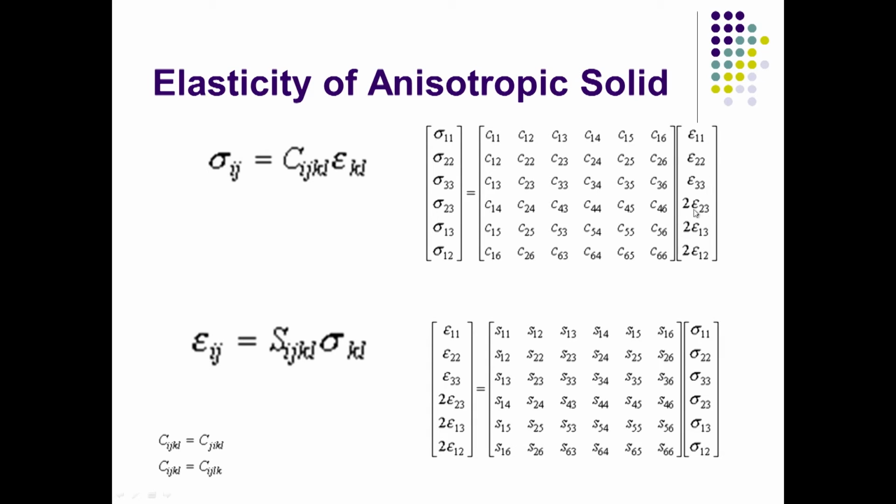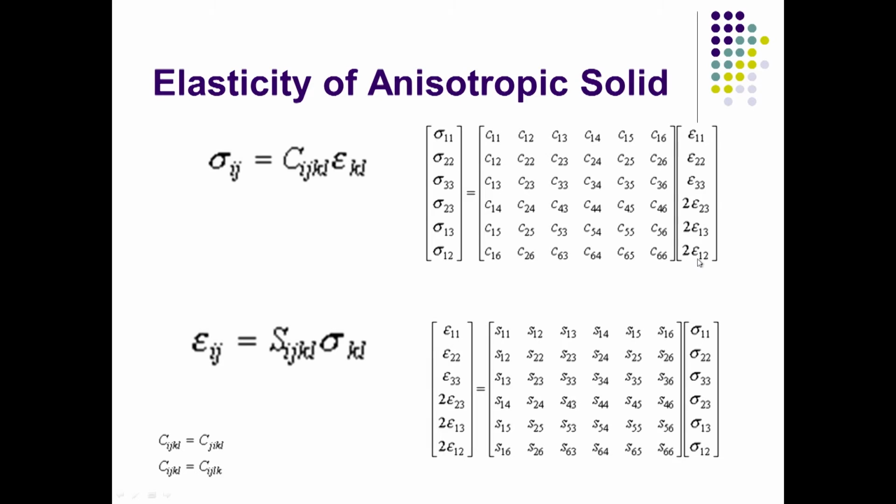But if you look at the cross directions there, because as you saw earlier, there are 2 forces working in the cross direction. One is going in one direction, another one is another. So, there are 2 strains here, that is why you multiply it by 2. So, 2 eta 2 3, 2 eta 1 3 and 2 eta 1 2.